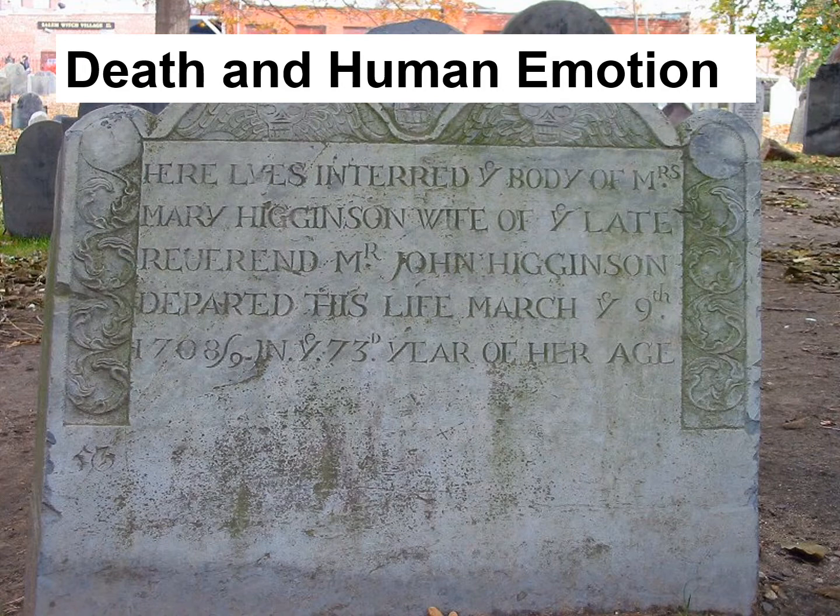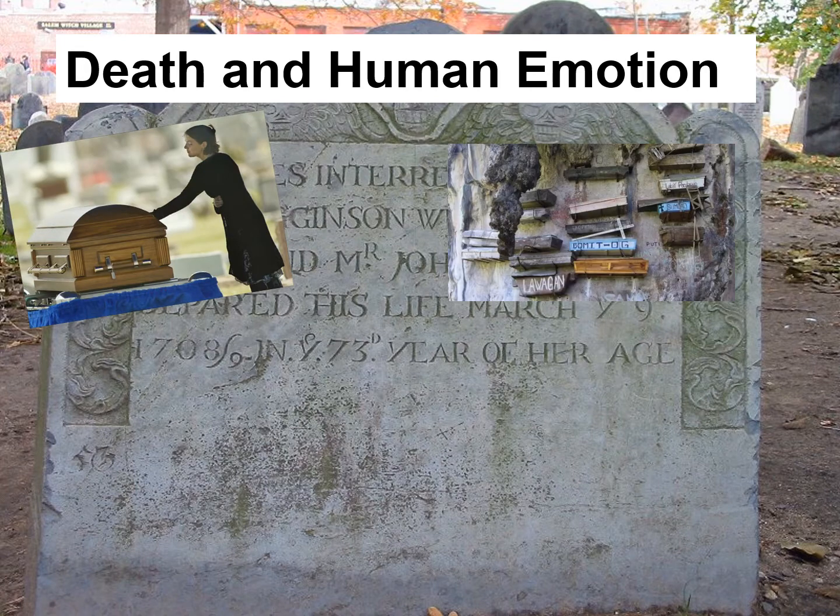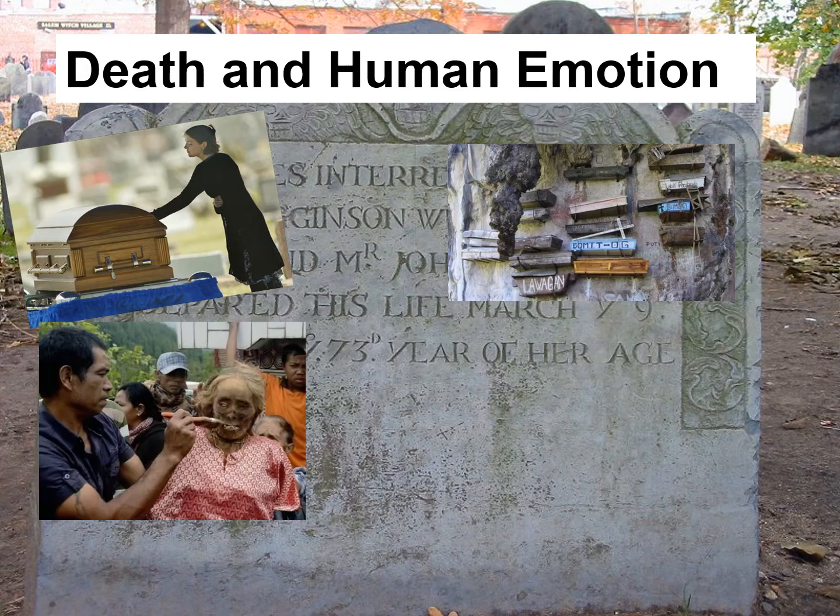But before we get into all of the details surrounding NAGPRA and how the law works here, we'll take a brief second to consider to ourselves, what is death and human emotion, right? What do these images evoke for you in terms of feelings and emotions about death? You can see in the top left here, we have just a regular casket burial.